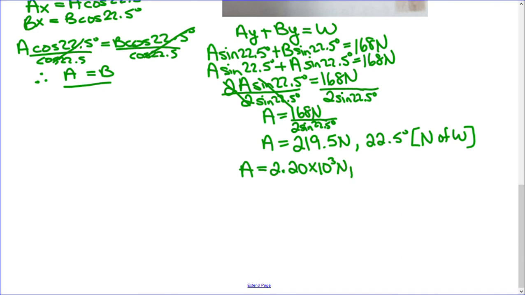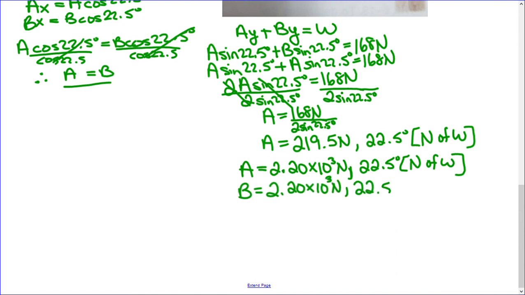And it's heading at 22.5 degrees going north of west. So I have my reading or my bearing. I've got everything that I need for that one, and I know that B is also 2.20 times 10 to the 3 newtons, going at 22.5 degrees north of east.